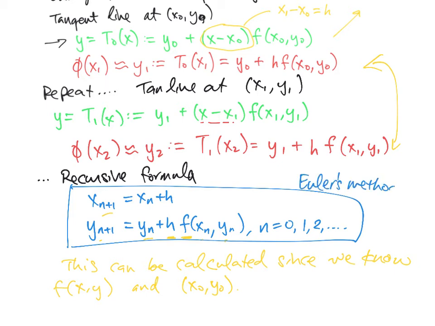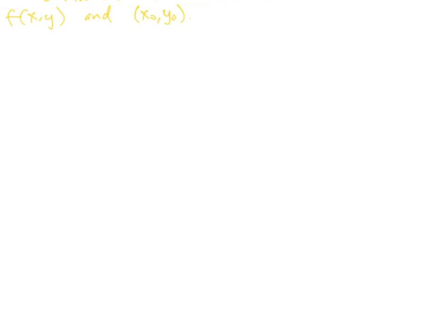It's pretty straightforward. Okay, and this sort of approximation where you approximate the value of something based on its tangent line is really, really common. But it's also somewhat rough and crude, and we can actually talk about how good or bad it is.